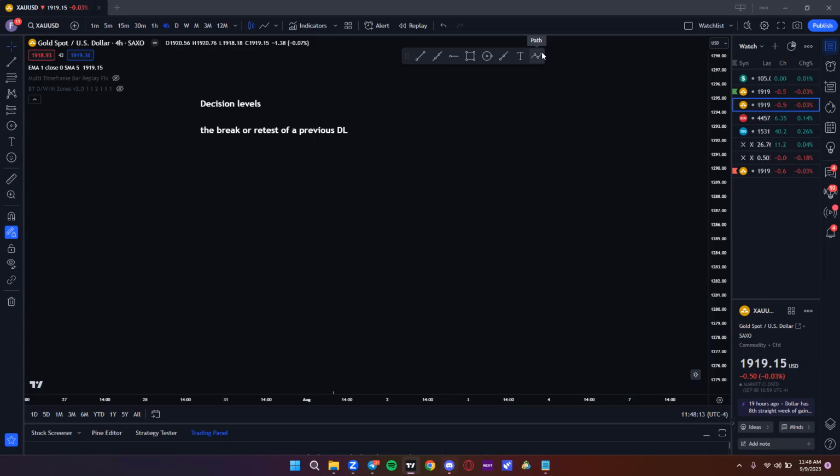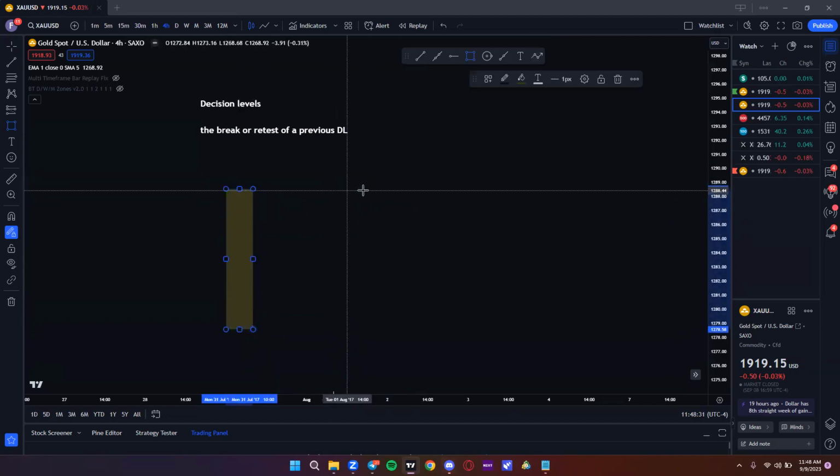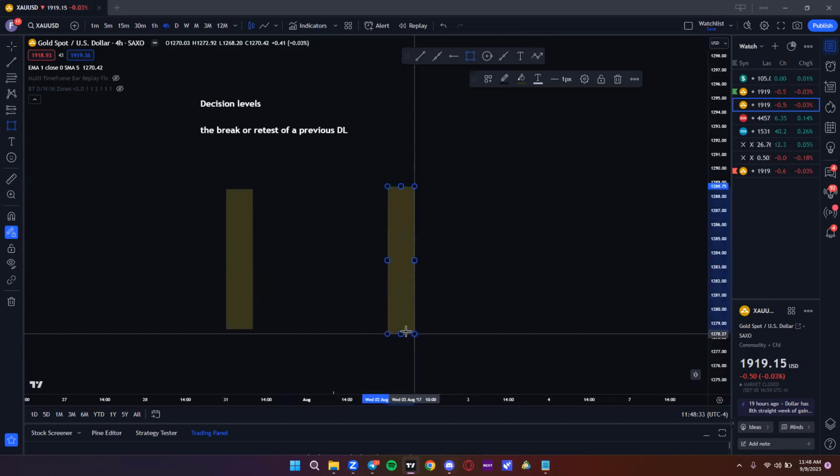And with that, we'll be able to see if a level is going to be rejected, or if the day is going to be bullish or bearish, and if we're rejecting or breaking out. So what I mean by that is, again, we have a bullish candle and we have a bearish candle.